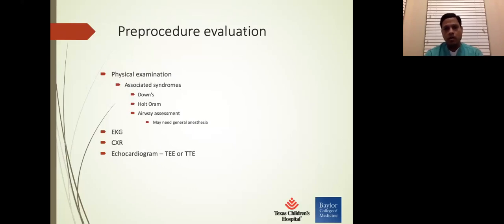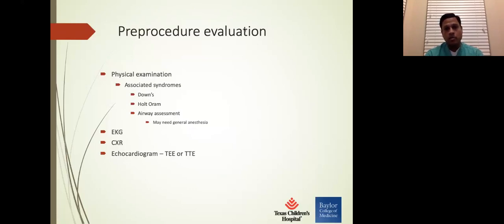may be okay with sedation, but if you plan to do a transesophageal echocardiogram during the ASD closure, then you would need general anesthesia. There are a lot of centers, especially outside the USA, even in the USA, who would do ASD closure using transthoracic echocardiography, which is perfectly acceptable.